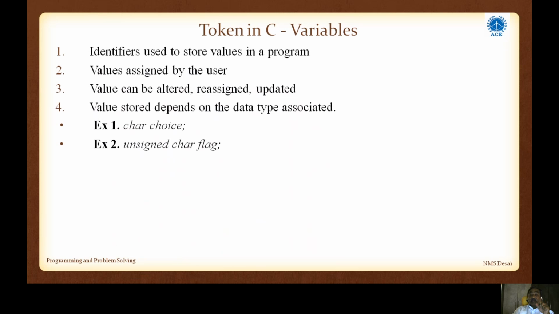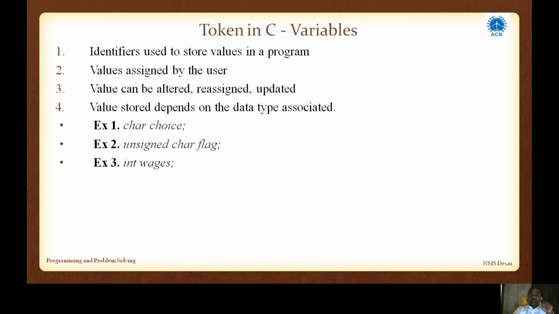Second one, unsigned char flag. The first one is signed char, and the second one is unsigned char. That means this will run from -128 to +127, and this will run from 0 to 255. Again, whether it is -128 to 127 or 0 to 255, the alphabet's character set recognized is one and the same.